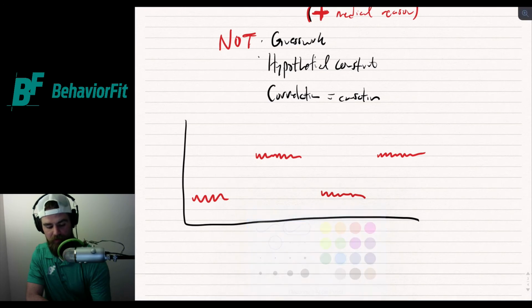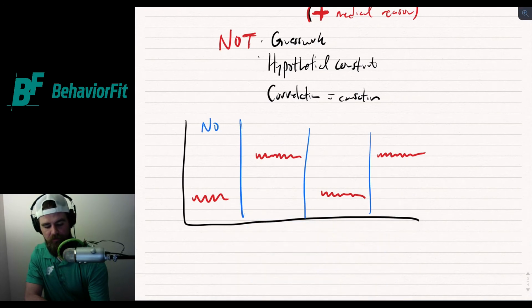So now when we pop in our lines here, we say phase 1, no running buddy, phase 2, with a running buddy, phase 3, none, and then with a buddy, phase 4.